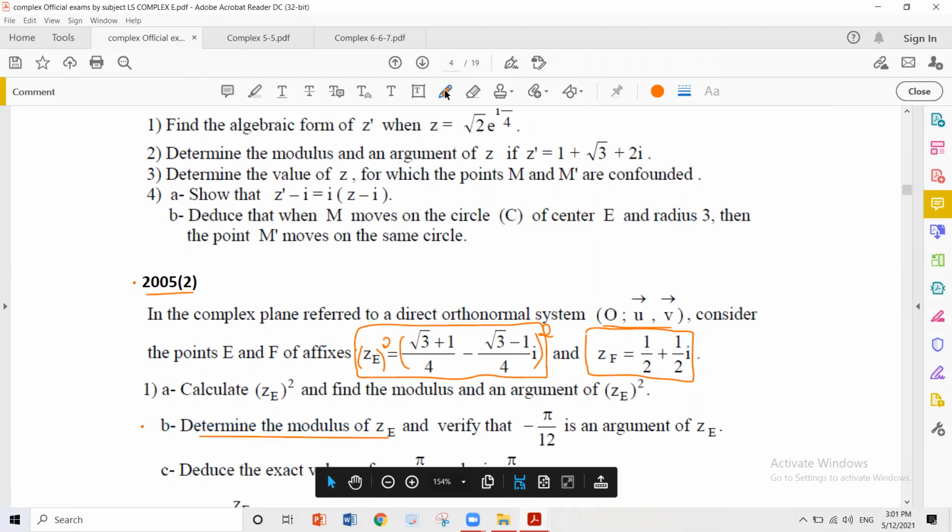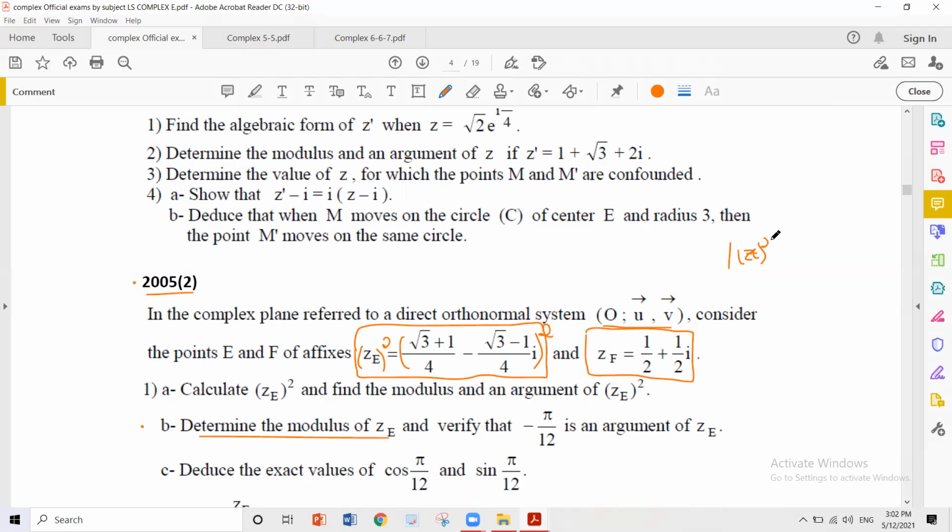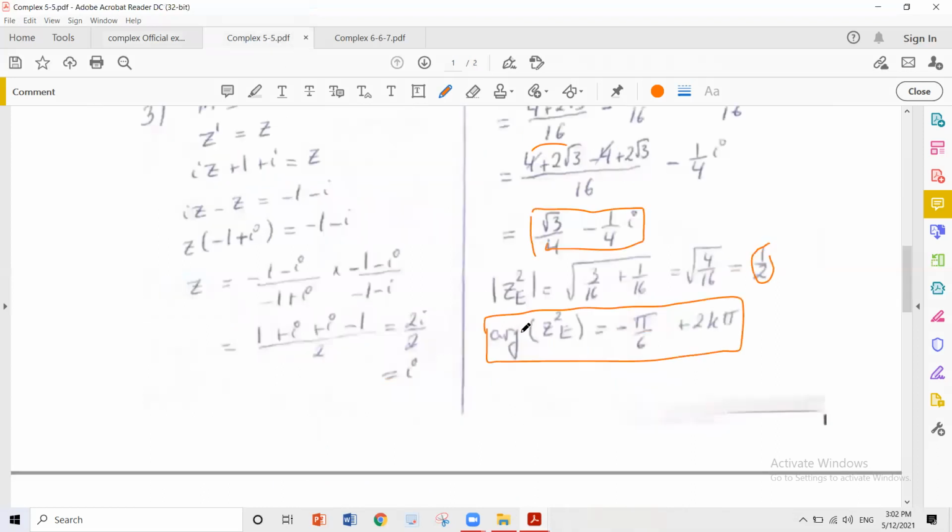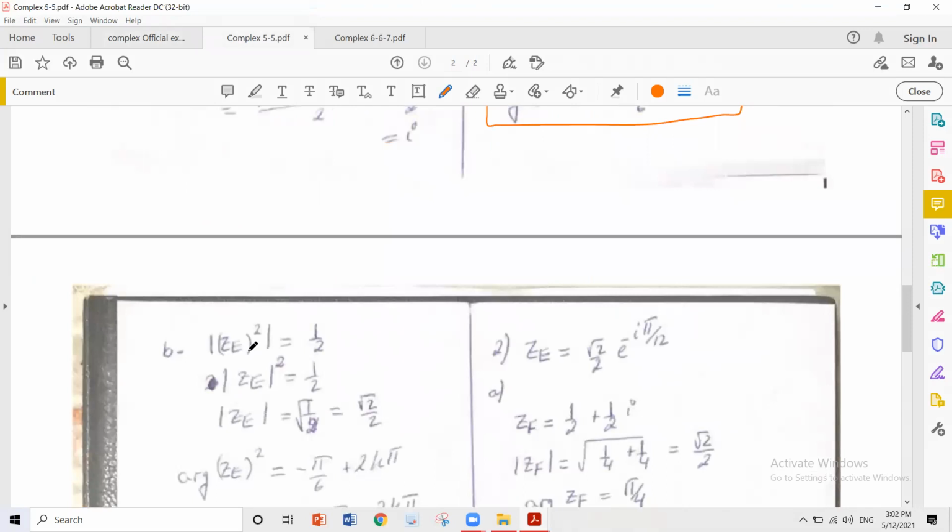We have determined the modulus of ZE squared. We take the radical. We cannot directly determine it, so the modulus of ZE squared equals half.